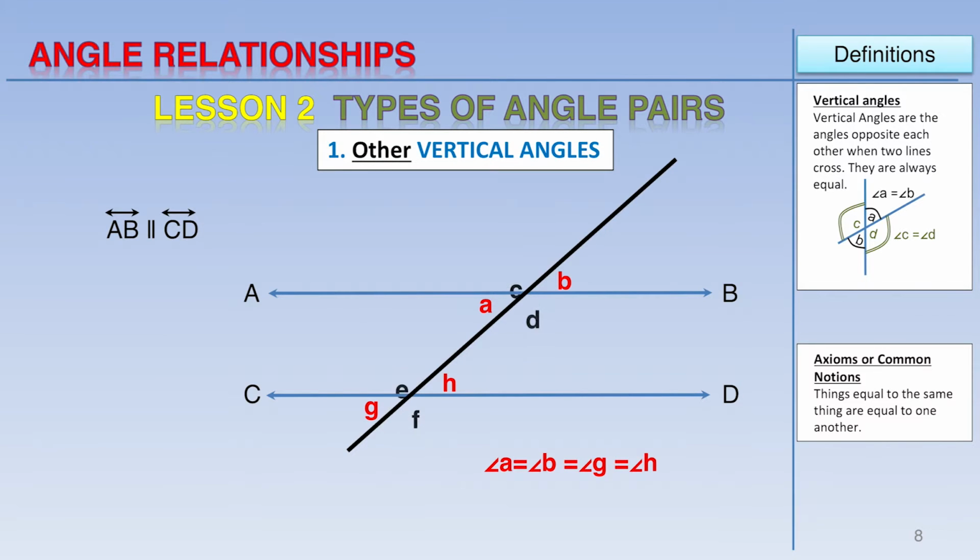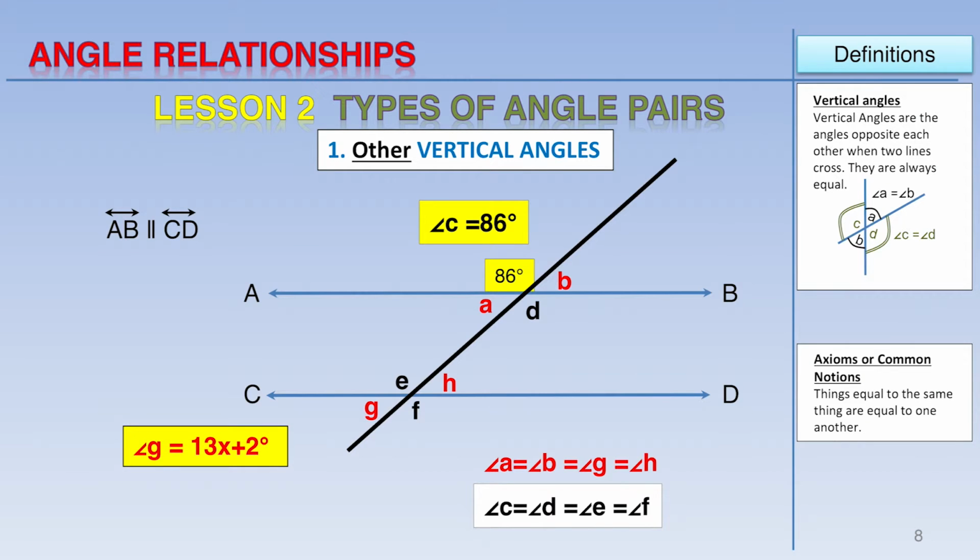There are other vertical angles as indicated by the black letters, and similar to the red ones, all of these angles are equal to each other. And let's say that we have angle C equal to 86 degrees, as indicated here. And let's take another angle, let's say a red angle, and let's say that is equal to 13x plus 2 degrees. They're not equal to each other.